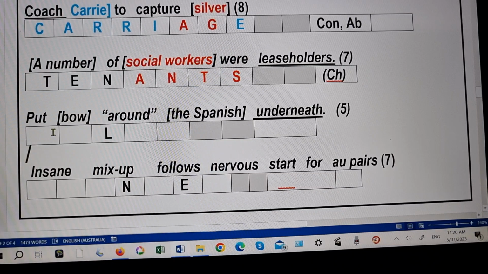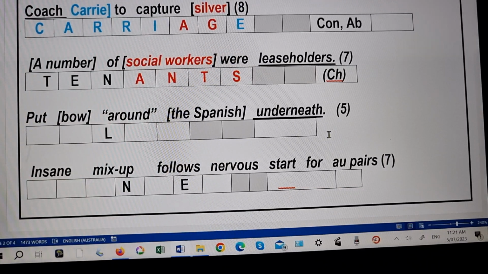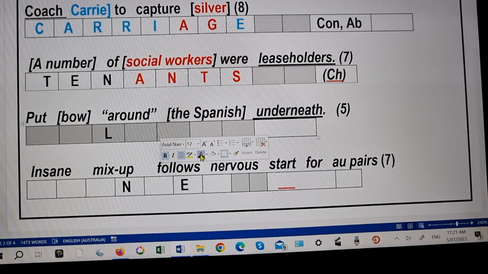Underneath. Can you get a synonym for underneath? Underneath. You got it? So underneath. There's something that is underneath something. What is it? If it's underneath, it is, yes it is, below, isn't it? If it's underneath, it's below.